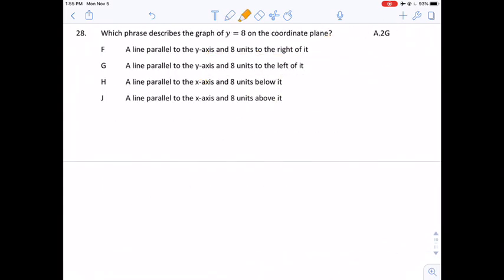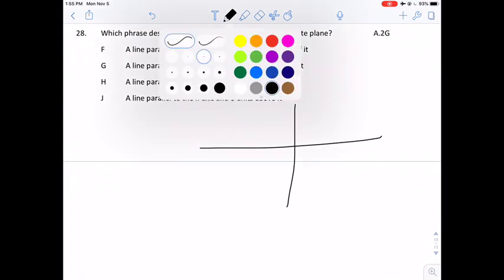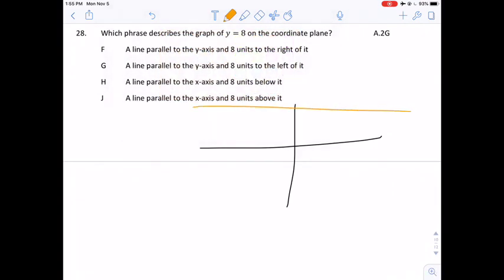28. Which phrase describes the graph of y equals 8 on the coordinate plane? Well, we know that y equals 8 is going to be a line completely horizontal. So my line will look something like this.